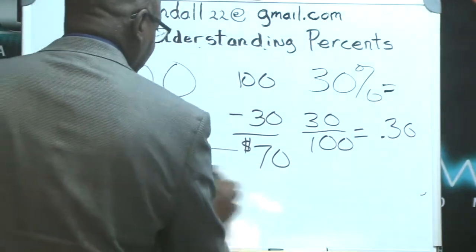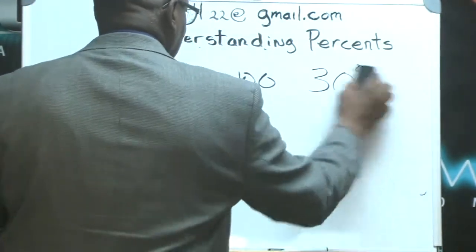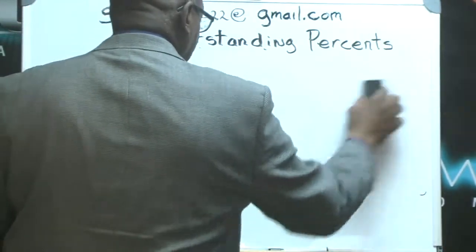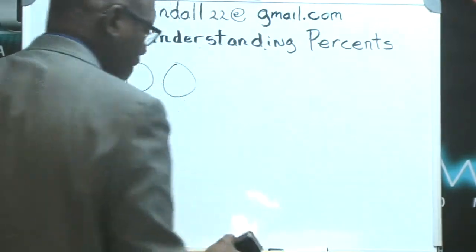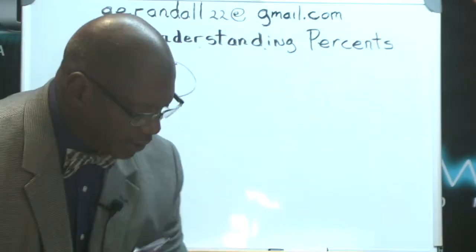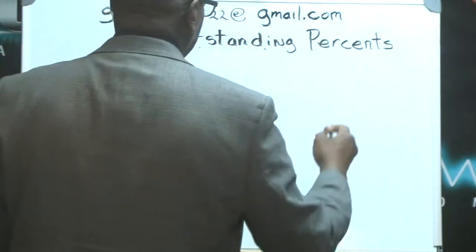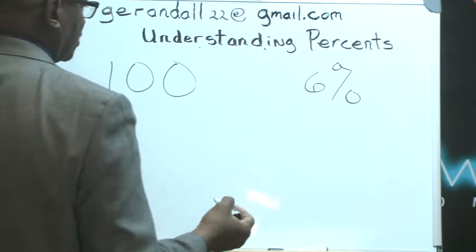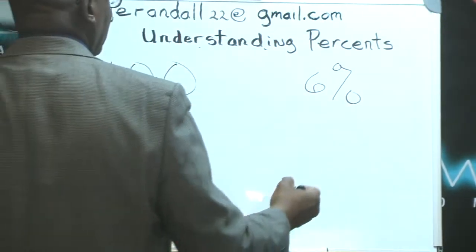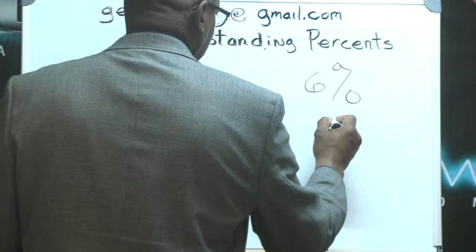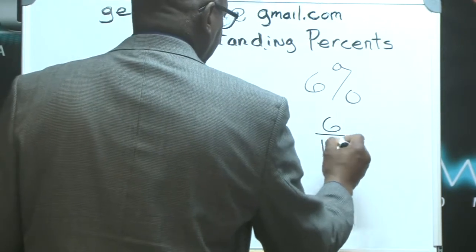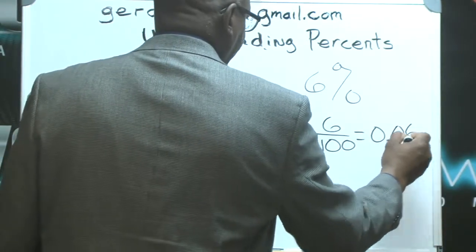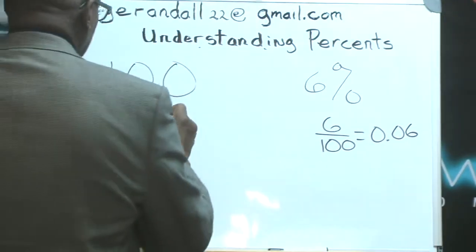In Maryland, I believe the tax on an item purchased is 6% of that retail price. So again, we look at that retail price and it says 6%. State gets its tax, 6%, federal tax, whatever the case may be. We convert that again to 6 over 100, which equals this decimal. And we multiply.